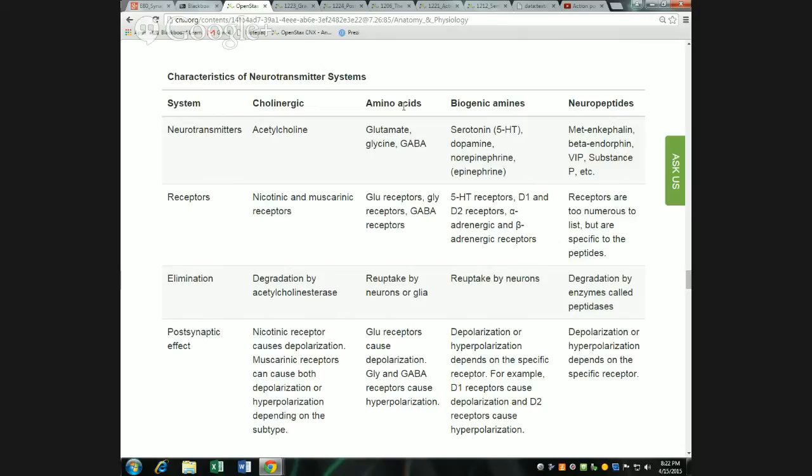This is really where it is. Glutamate is usually referred to as an excitatory neurotransmitter or excitatory amino acid because it always causes depolarization. But it's really the receptor that's causing the depolarization. And then glycine and GABA are referred to often as inhibitory neurotransmitters because they're always going to cause hyperpolarization.